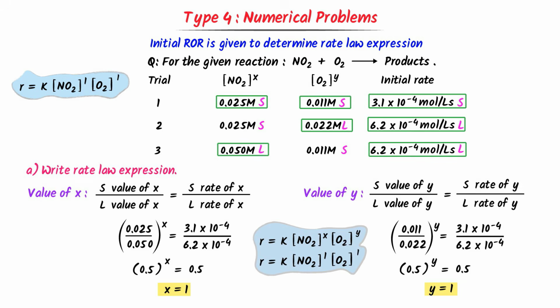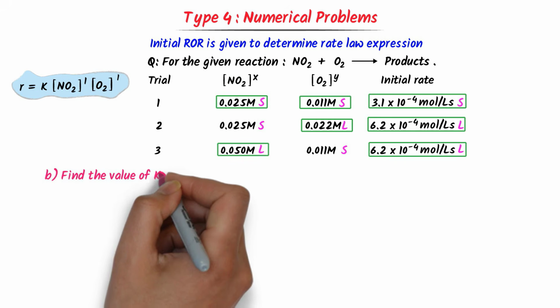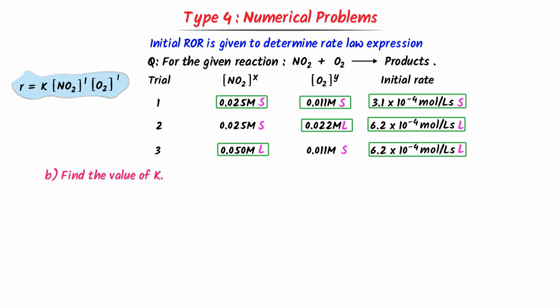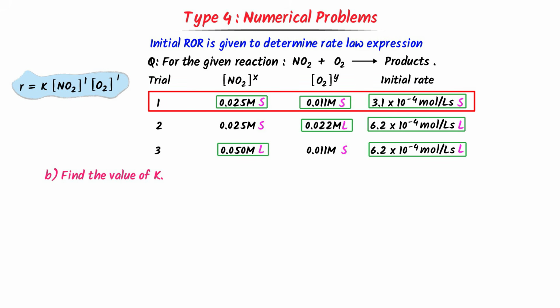In the B part, we are asked to find the value of K, the rate constant. To find it, I can take values of either trial. For instance, I take the values of the first trial.